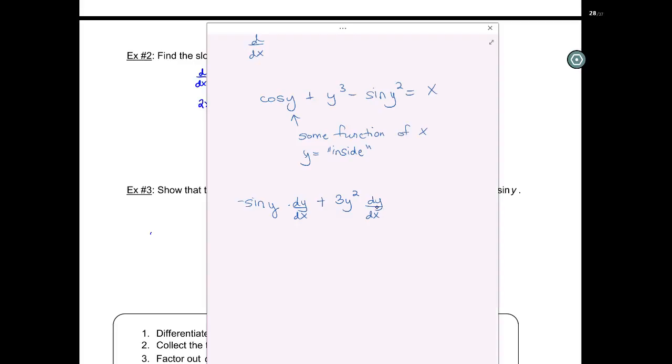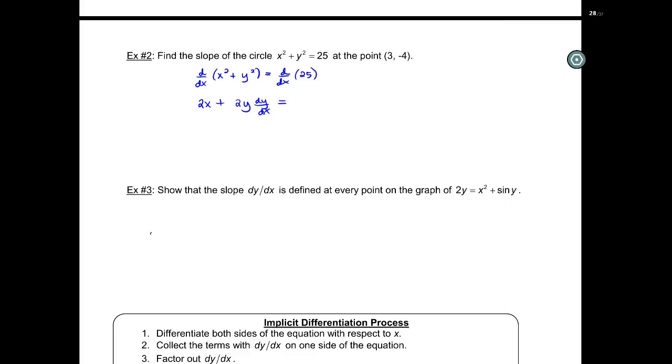Minus, and now we have cosine, keep the inside the same, times the derivative of the inside. So that's actually chain rule twice. And then this whole thing equals 1. Exactly. Not only do we not know what dy/dx is, but the whole point is that that's what we're trying to find. Now we have a whole bunch of dy/dx's. We'll get to that in the next problem, how to isolate that.